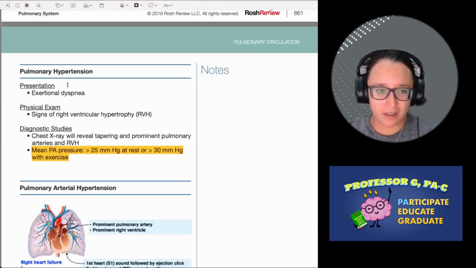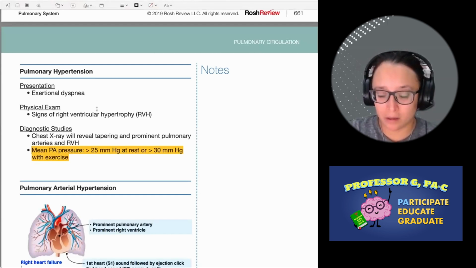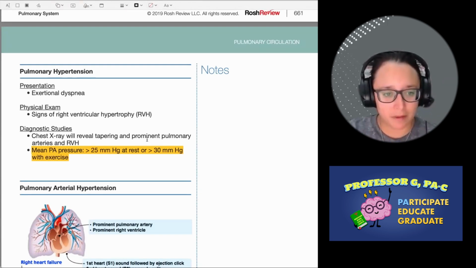All right, we already talked about cor pulmonale. Pulmonary hypertension can be caused by other things, not just the lungs. It can be caused by heart failure, it can be caused by PAH, it can be caused by PEs, by lung disease, and by miscellaneous stuff.